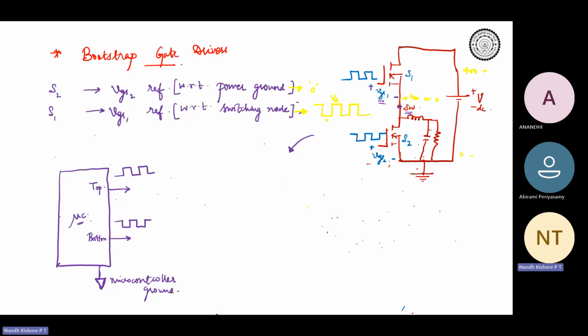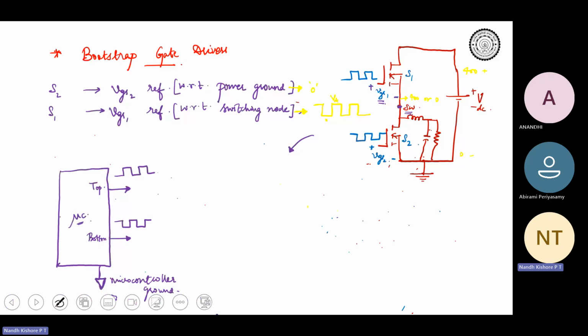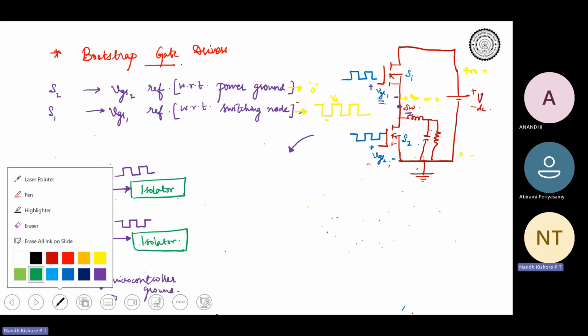Then instead of directly giving to the gates of the devices, they have an isolation stage. So there will be an isolator and again there will be an isolator. What the isolator does is it breaks your ground and makes the potential different.